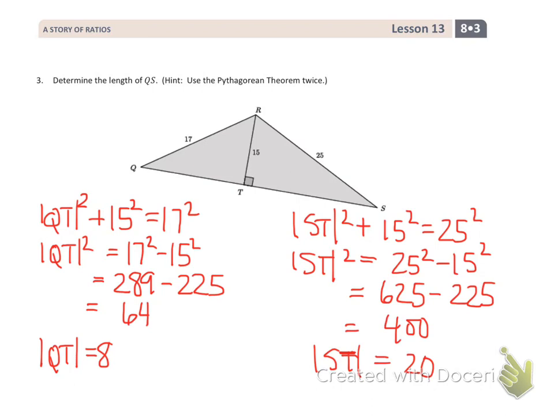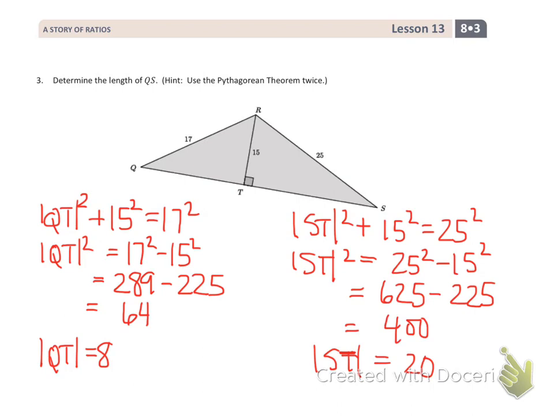Okay, let's go over this last exercise and then you'll be ready to go. So we were given the hint to use the Pythagorean theorem twice. So on this side, I've used this triangle here, and so I have 2 legs and a hypotenuse.